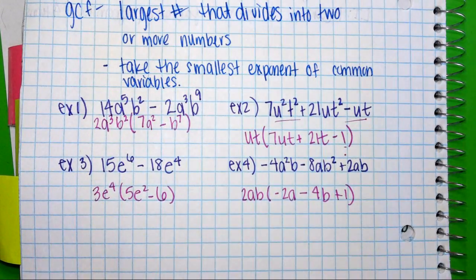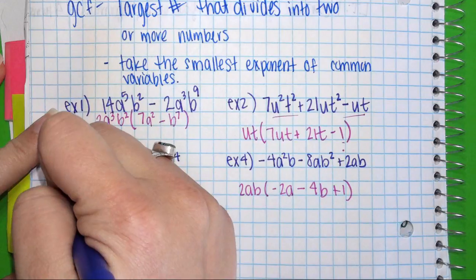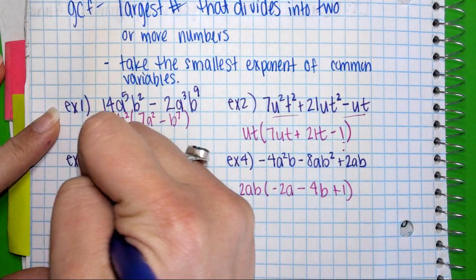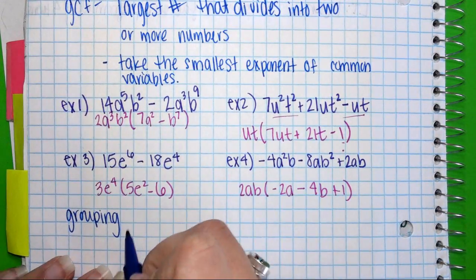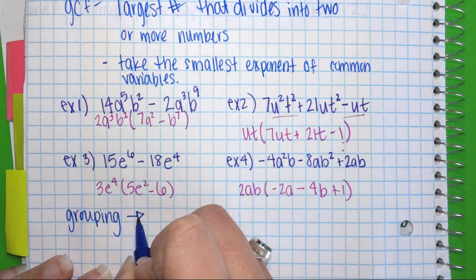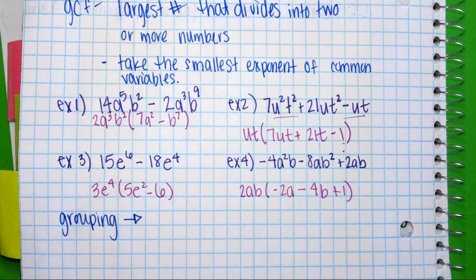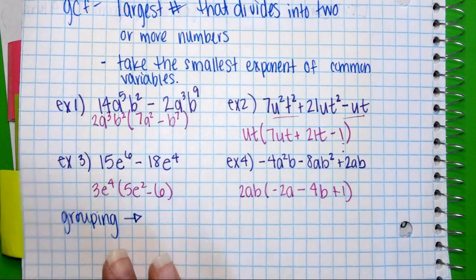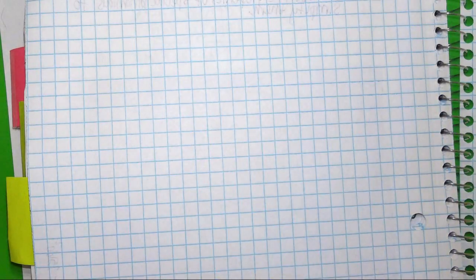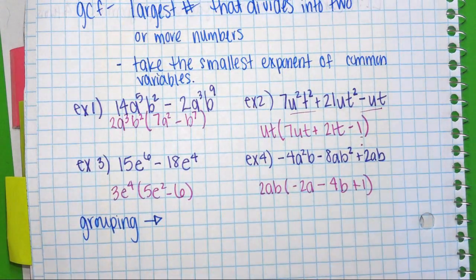Are we ready to do grouping, or do we need to do one more? We're ready. When do we use grouping? When we have how many terms? Look back and count how many terms.